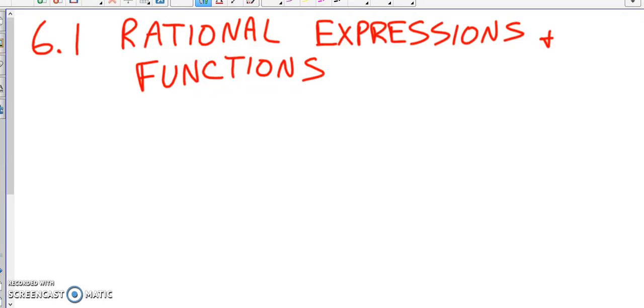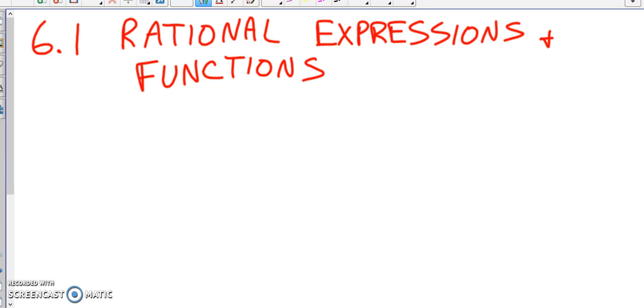Bridges, section 6.1, rational expressions and functions. The first thing we need to understand is what exactly a rational expression is. A rational expression is a fraction whose numerator and denominator are polynomials.